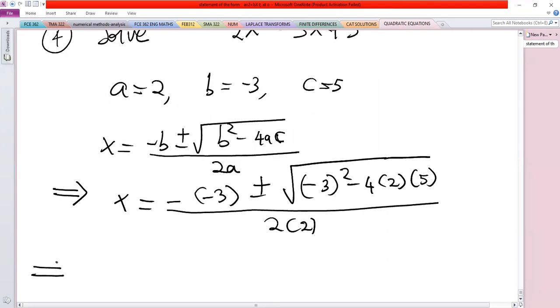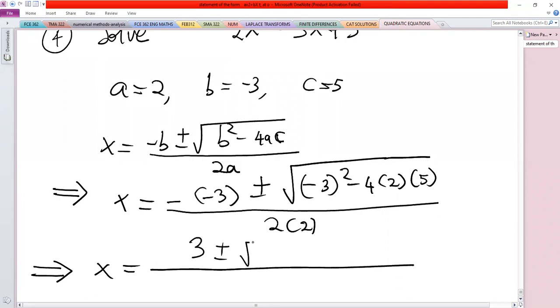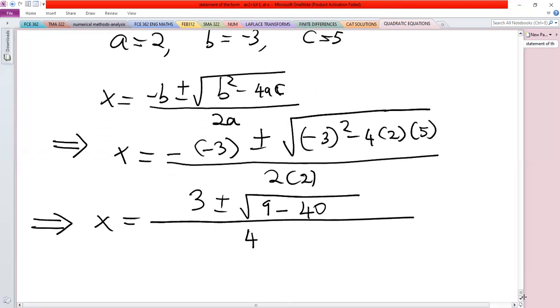So this implies that x equals 3 plus or minus square root of 9 minus 4 times 2, which is 8, times 5, 40, over 4. Now this will be x equals 3 plus or minus square root of minus 31, divided by 4.